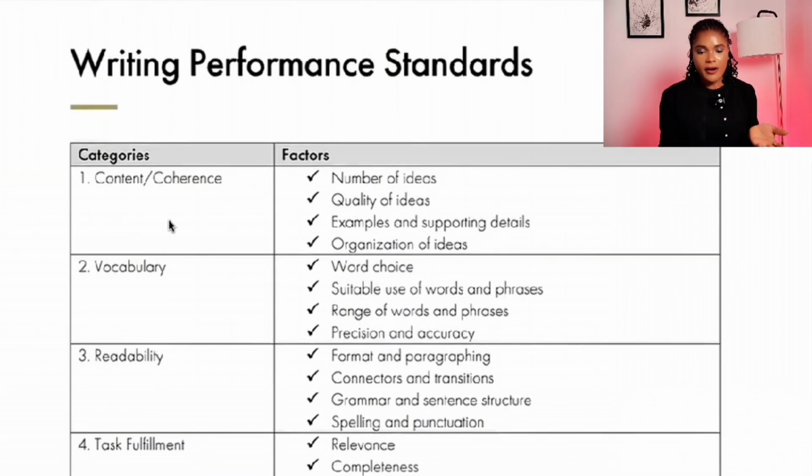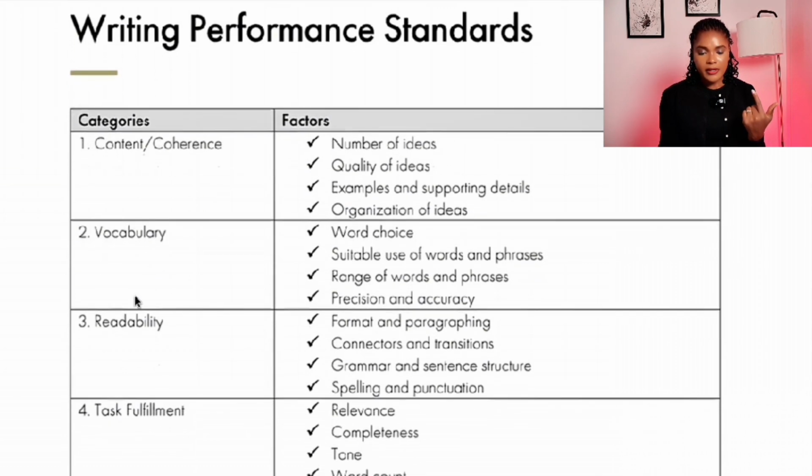Under the 4 categories are 4 factors each, making it a total of 16 factors. Right now, it may seem like a lot, but really it is not. The moment you understand these things, you are good to go. So I'm going to walk you through one after the other.